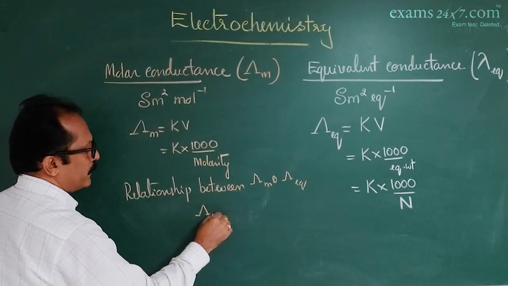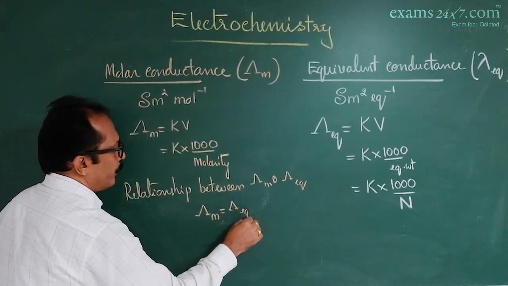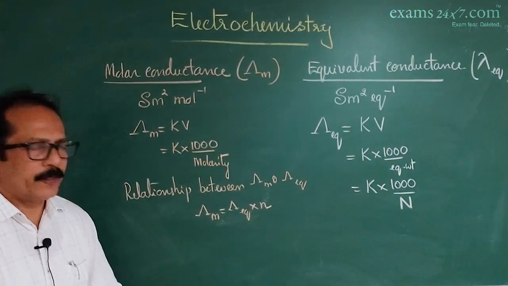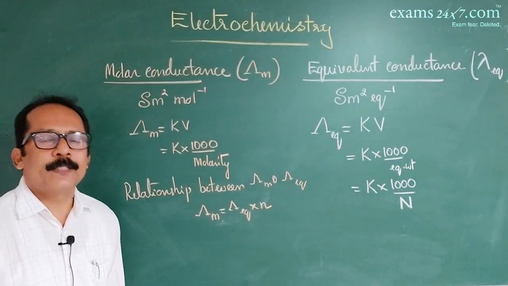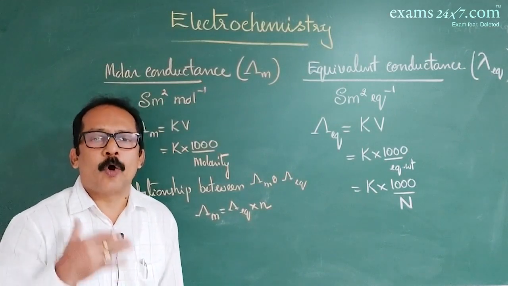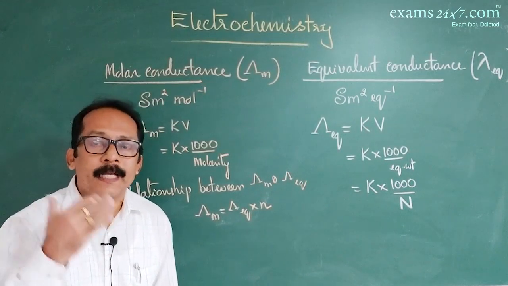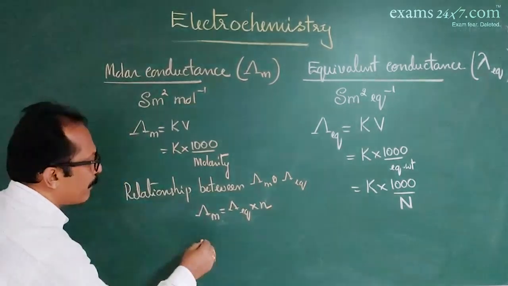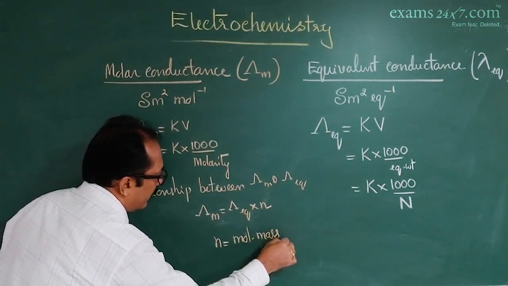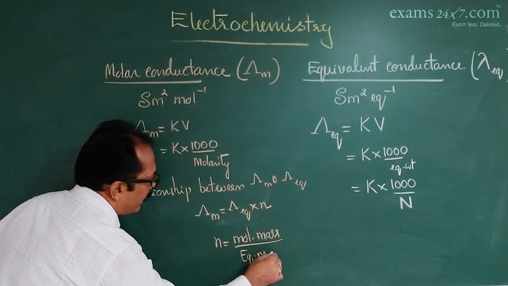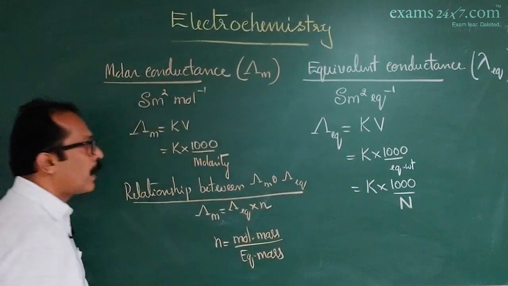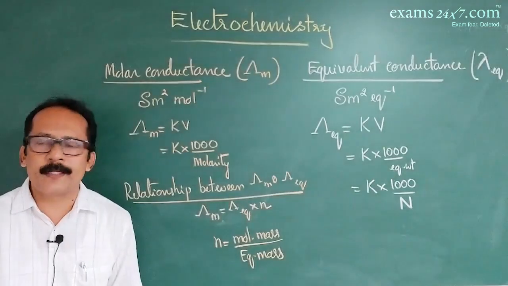Molar conductance lambda m is equal to equivalent conductance into n, where n is the equivalent factor of the electrolyte, which indicates the charge on the anion or the charge on the cation, or the basicity of an acid or the acidity of a base, or n can be calculated using molecular mass divided by equivalent mass. So, this is the relationship between molar conductivity and equivalent conductivity.